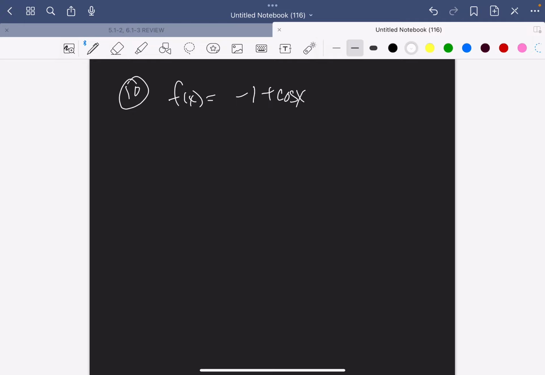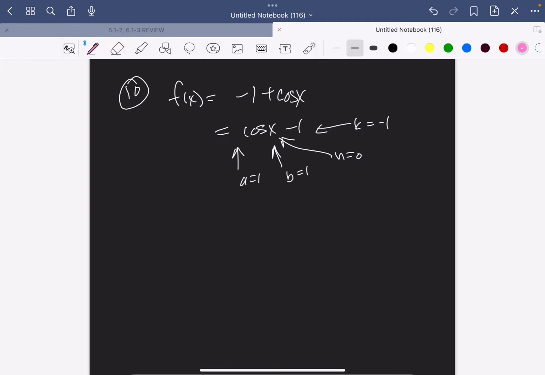So this time I'm not going to do the whole chart. Notice it's just the cosine of x minus 1. So this is telling us that a is 1, that b is 1, that h is 0, and that k is -1.